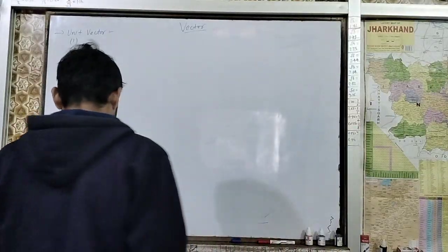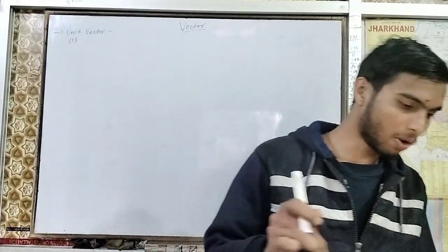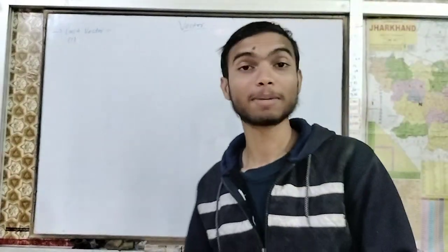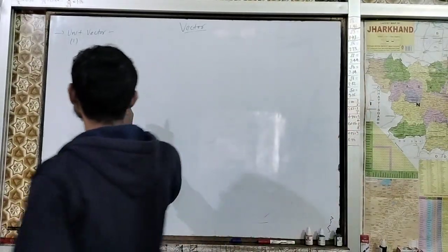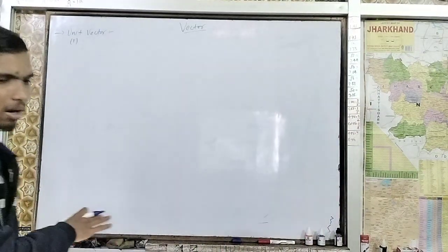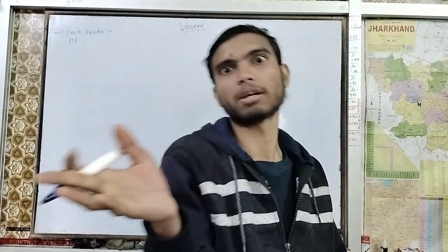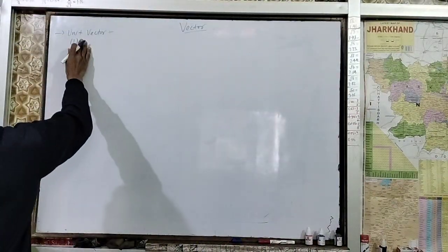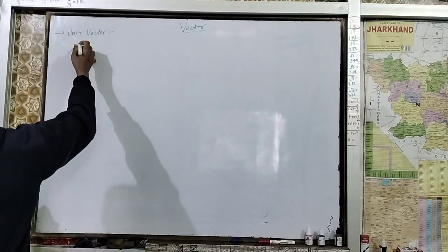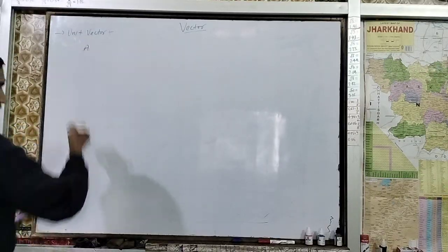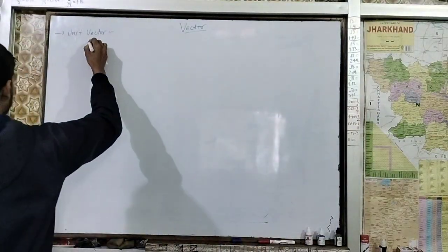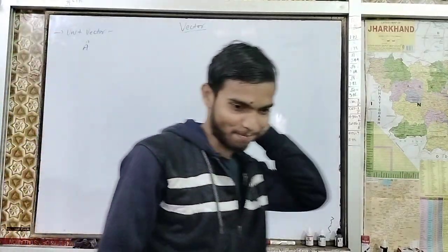The PPT is the same: a vector with unit magnitude is called a unit vector. Here the symbol will be different. During this lecture we were using an arrow symbol, but for a unit vector the symbol is a cap.